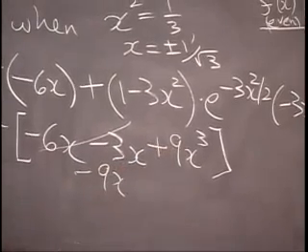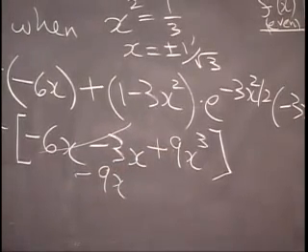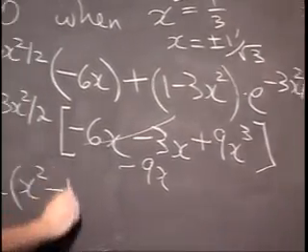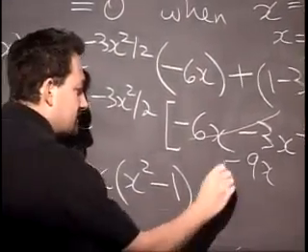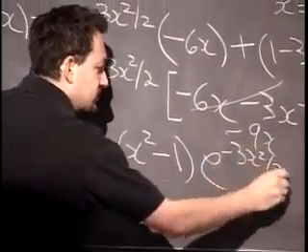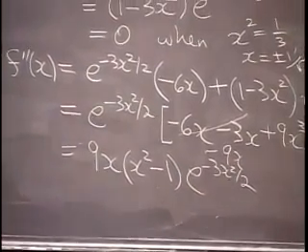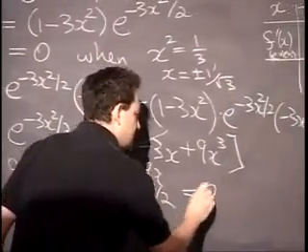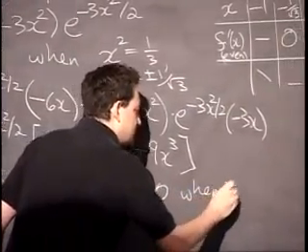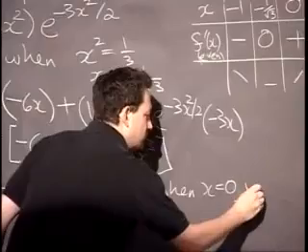You can pull out a factor of x, and you can write this as 9x outside of x squared minus 1 times e to the minus 3x squared over 2. Actually, you could even factor that down to x minus 1, x plus 1, but you can see that this equals 0 when x equals 0, 1, or minus 1.